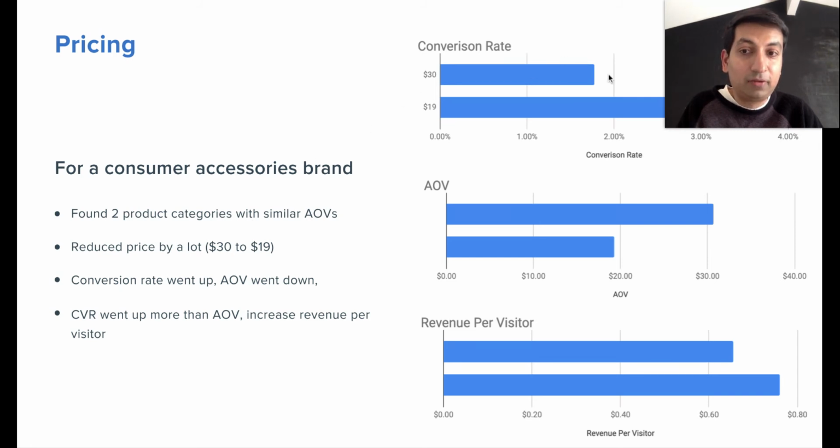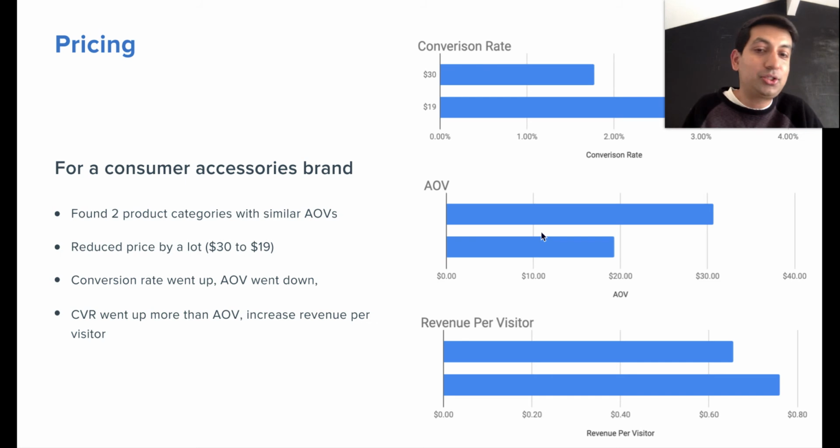So expectedly, conversion rate saw a decent increase. And then also expectedly, AOV saw a decrease for people who visited those product pages. But that proportional increase in conversion rate and decrease in AOV did not exactly offset. And fortunately for the brand and for us, the increase in conversion rate outdid the drop in AOV.